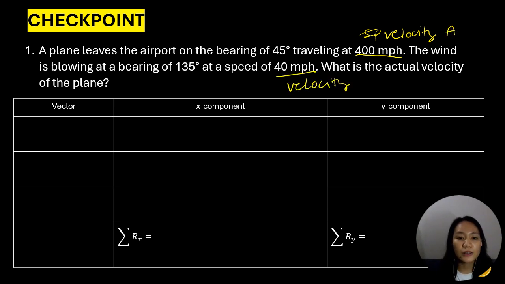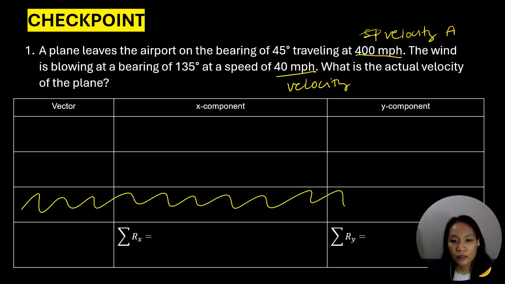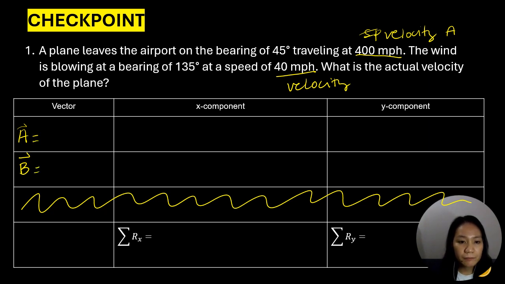In this table, kindly remove this row and have the first two rows for your vectors A and B. Kindly fill this column up with the given values in the problem and then solve for the x and y components.